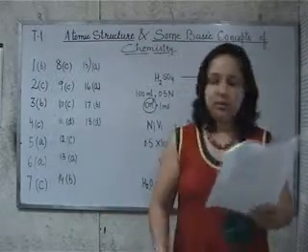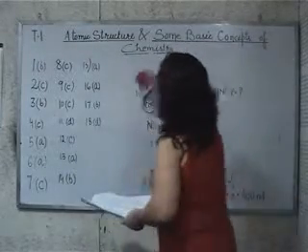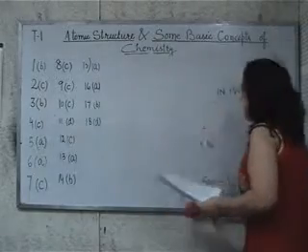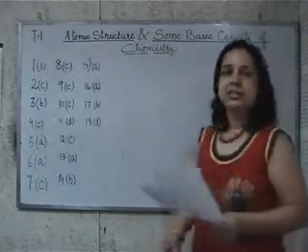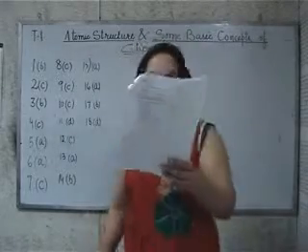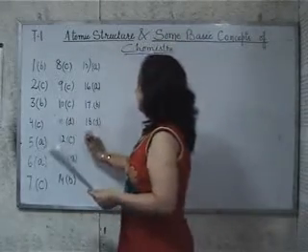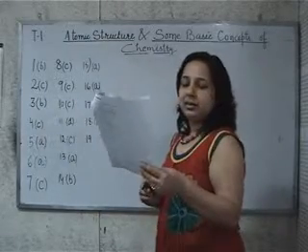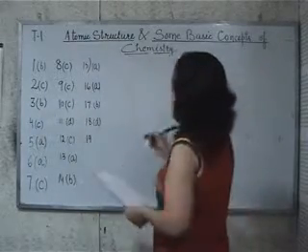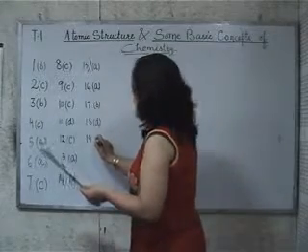Now the 19th question. Question number 19 is a very important question for your numerical section. It's a shortcut and a very important formula also. 19th question: de Broglie's wavelength is related to applied voltage. Answer is B, beta.